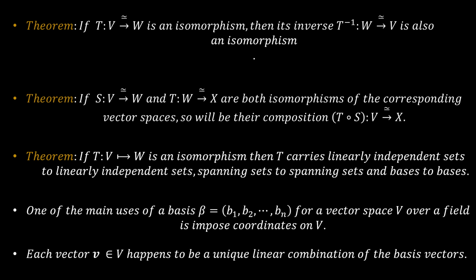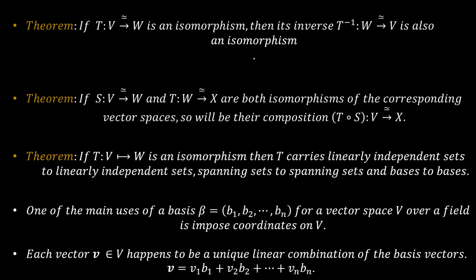For example, for the three-dimensional Euclidean vector space, the basis vectors are in the x direction 1, 0, 0, in the y direction 0, 1, 0, and in the z direction 0, 0, 1. And so you can build any vector in the three-dimensional Euclidean space using these three basis vectors.